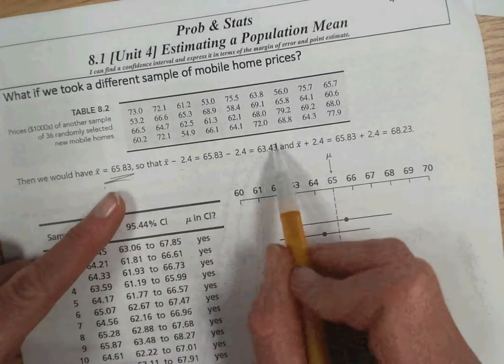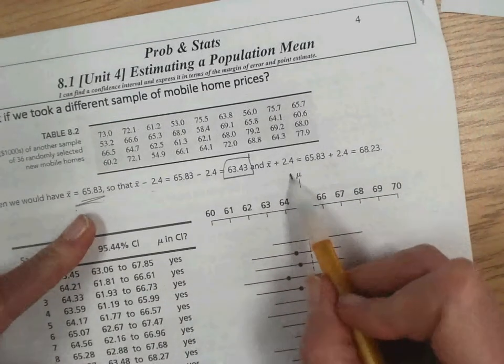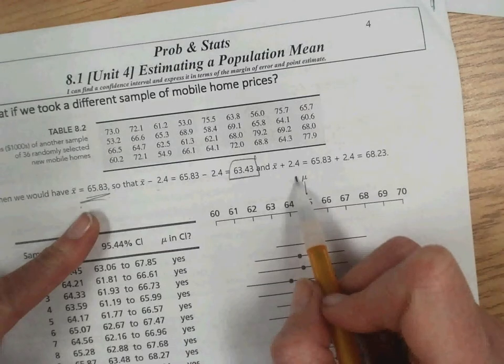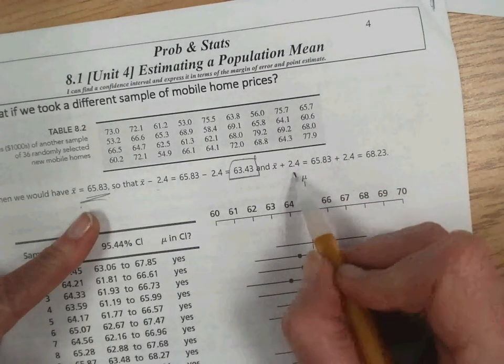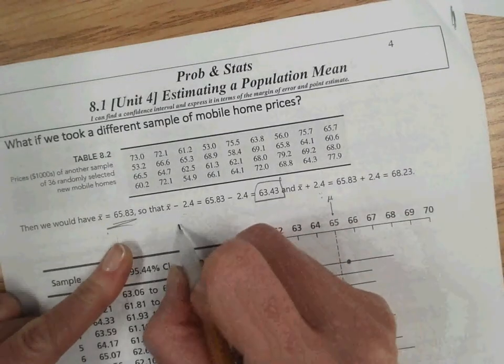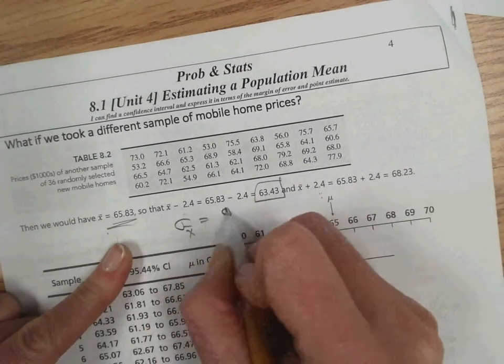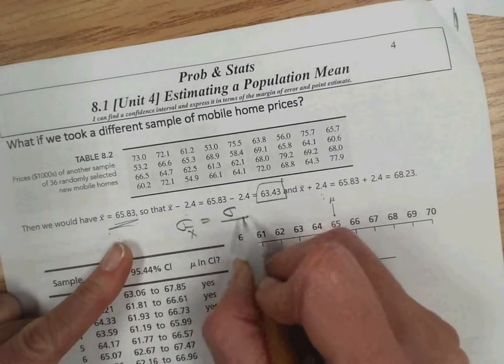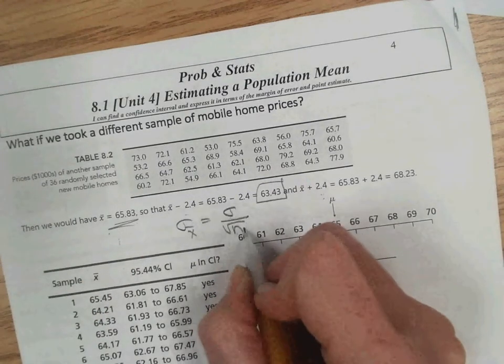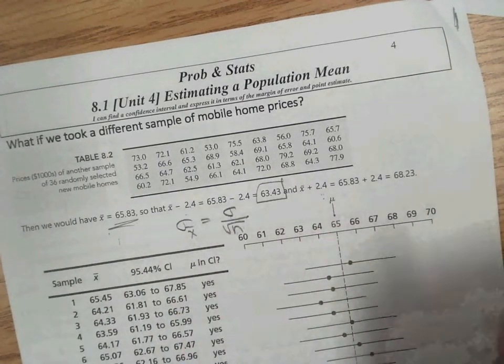And we subtracted the 2.4, same, so the standard deviation of the sample means is the same, because remember that's based on the population. So sigma sub x bar is related to the population standard deviation and the sample size, and both of those are the same for both sets of data.